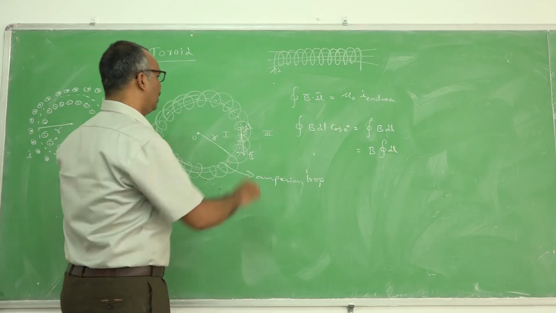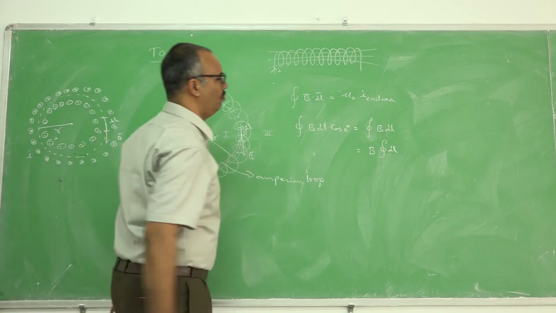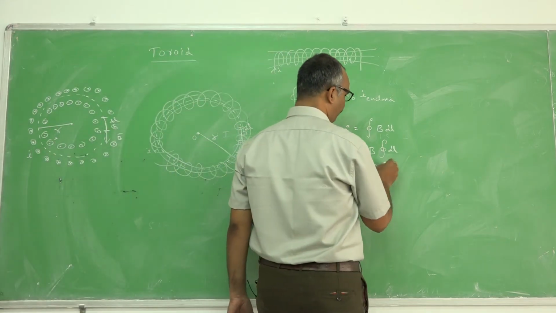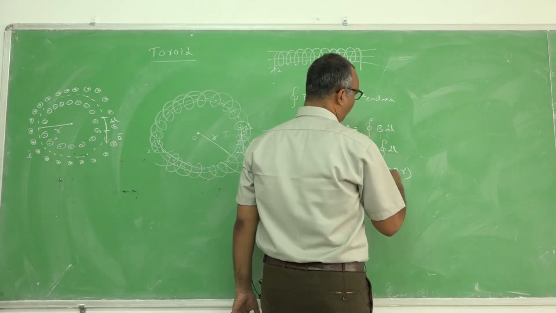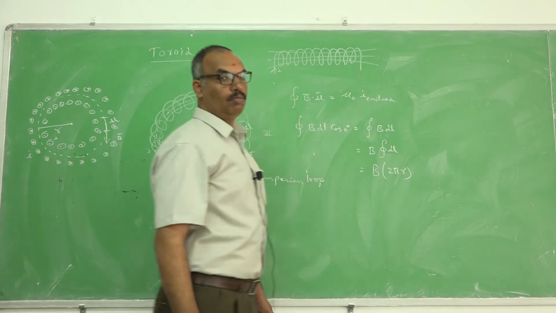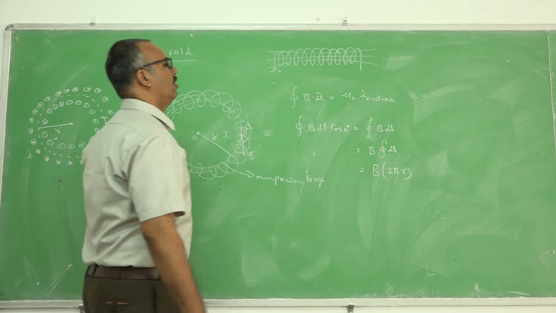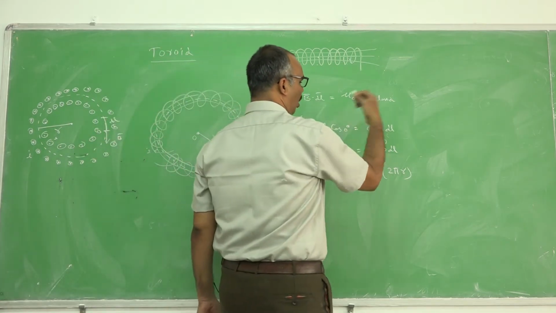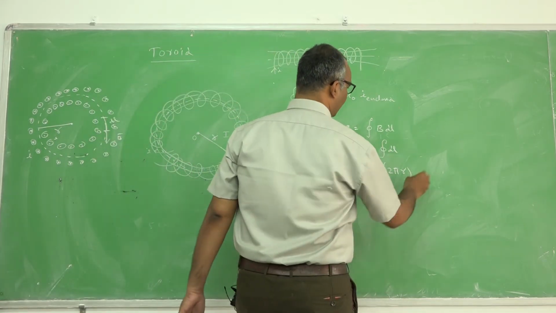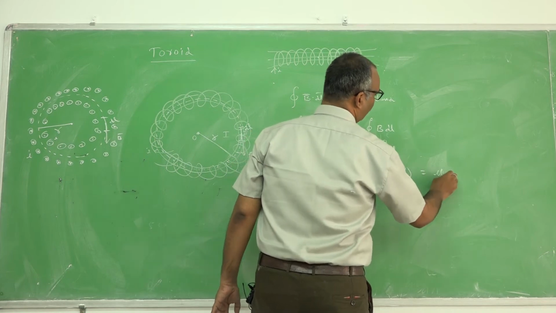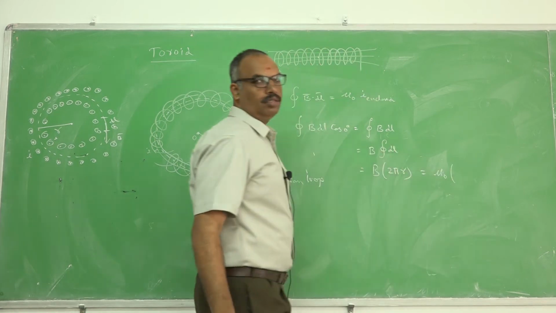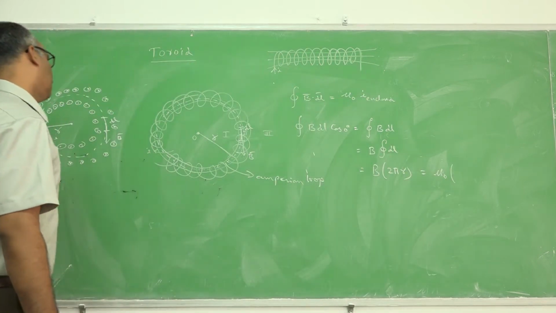You will get the circumference of the Amperian loop, that is B into 2 pi r. This is the left hand portion of the given Ampere's circuital law. On right hand side, it is equal to mu naught times I enclosed.